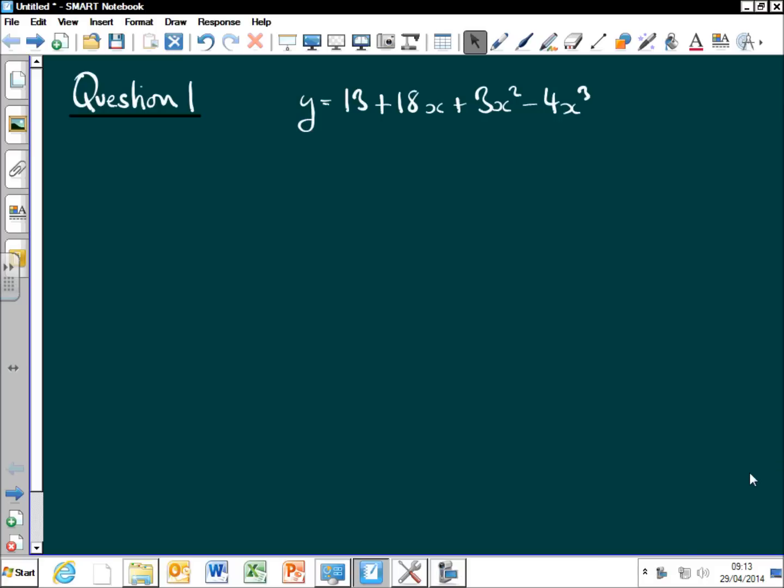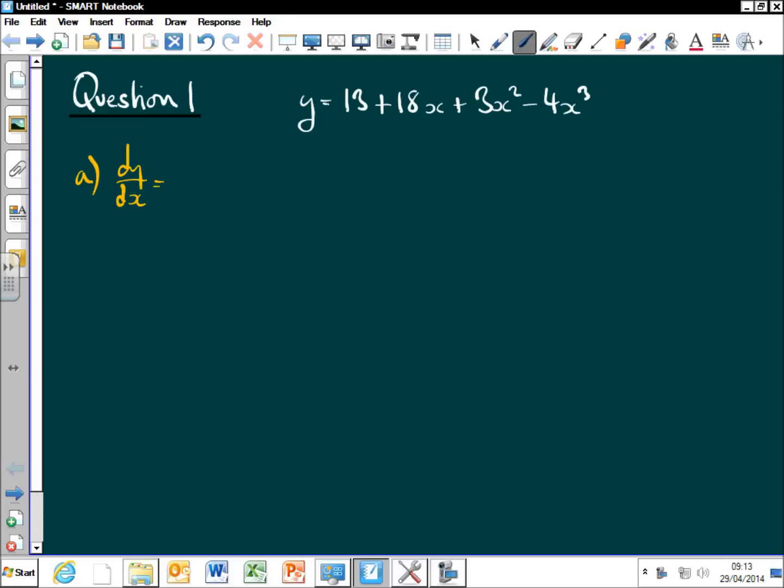Question 1, we're given this polynomial and it's a curve, and it says that it passes through the point P where x equals -1. Question 1a is asking us to find dy/dx, so just differentiate, and we just go along and differentiate.